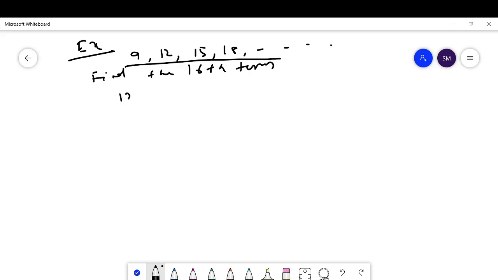Here 12 minus 9 is equal to 15 minus 12 is equal to 18 minus 15, which is equal to 3. Here the common difference is 3.